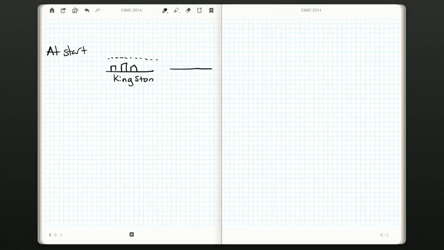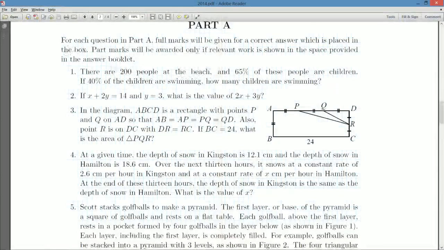I'll go back and check it again in a moment. And we'll draw a little picture of Hamilton. Maybe Hamilton has more of a skyline, but it's still got some houses. And maybe it's got a nice fluffy tree. I'm aware that centimeters do not make things taller than buildings, but we just have a nice little picture. Have fun with the question.